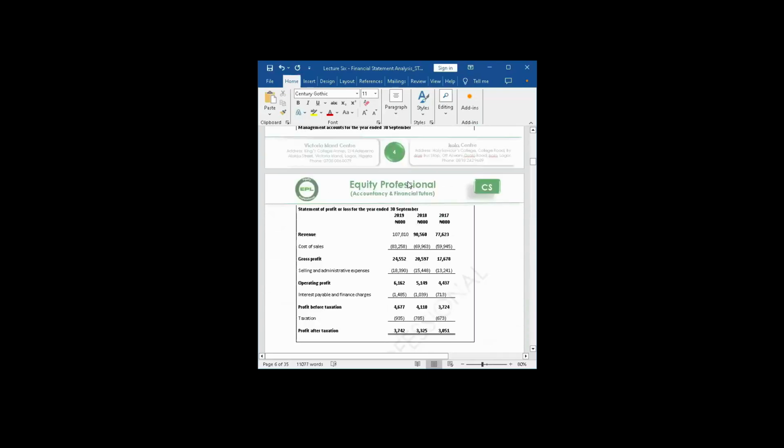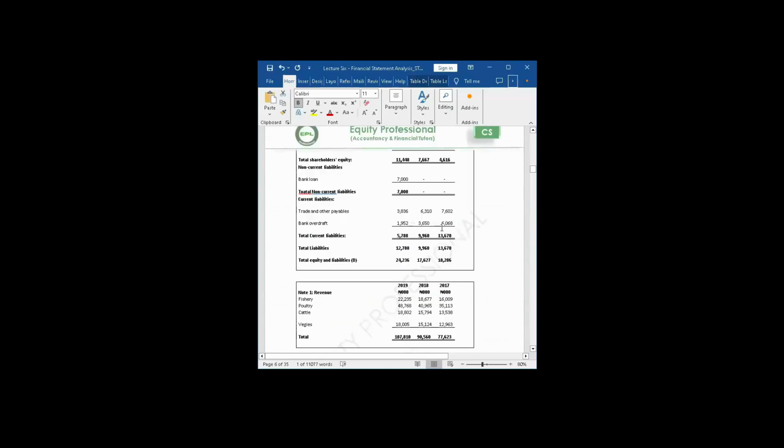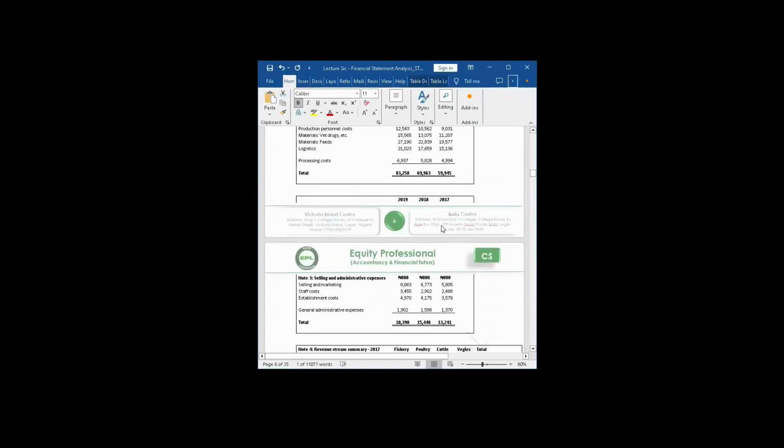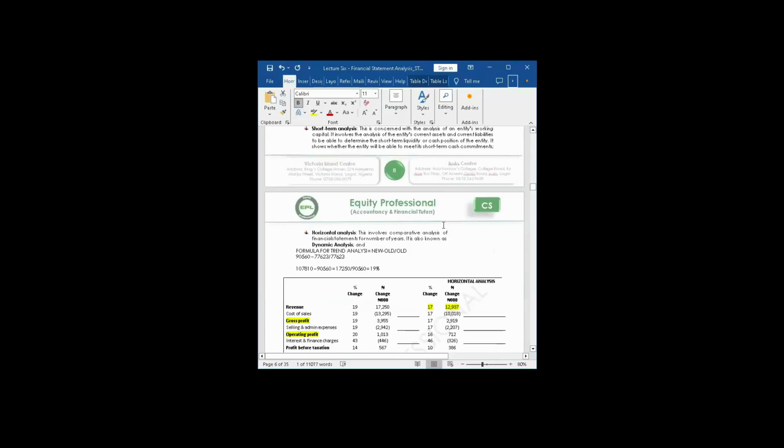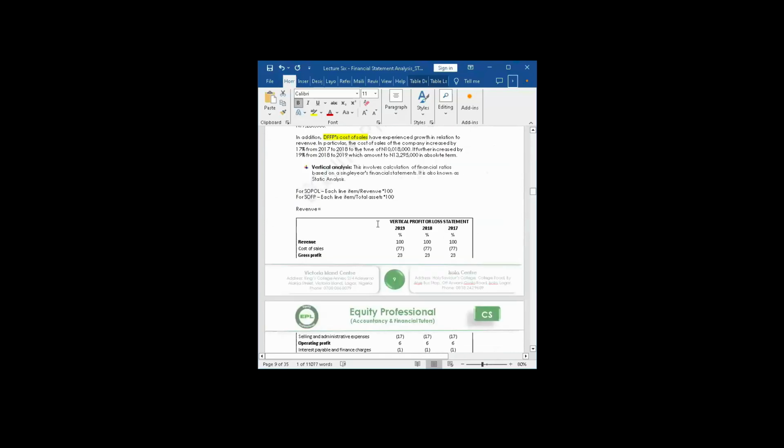Let me scroll up. Revenue divided by revenue times what? This one will give us 100%.